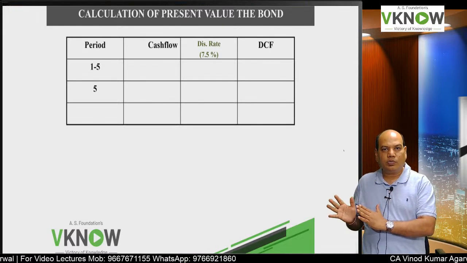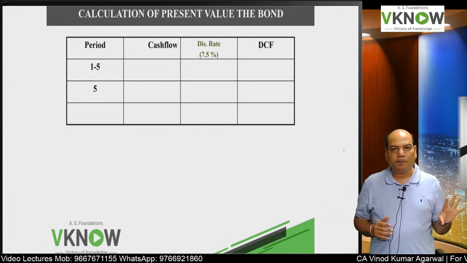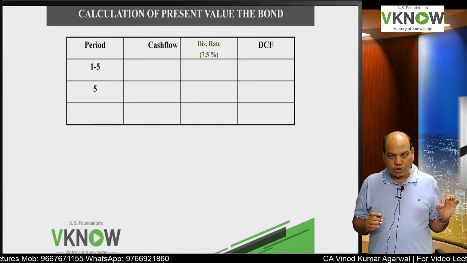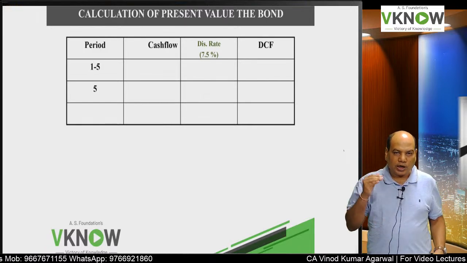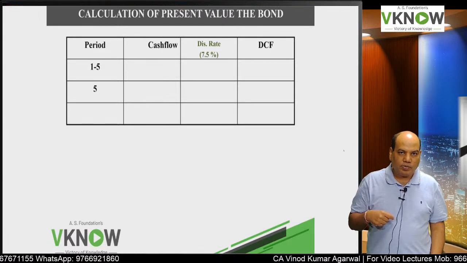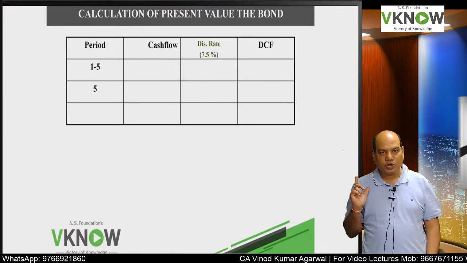This present value will give you more accurate answer. Duration will give you approximate right answer. So for the same question, now I am going to calculate the revised value of the bond using 7.5% discount rate.